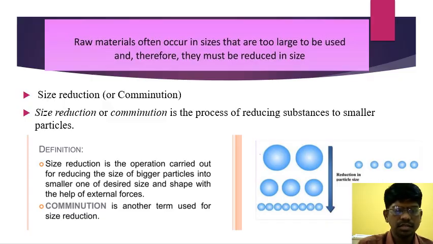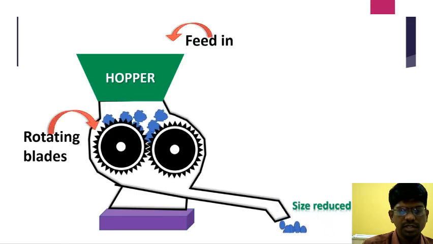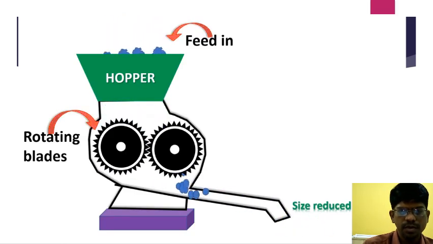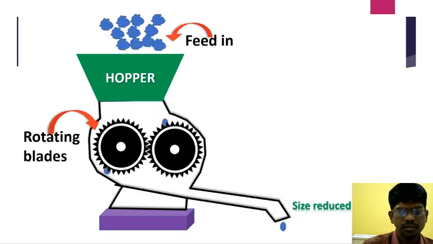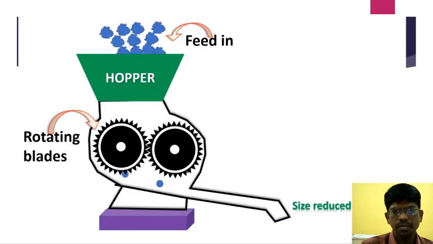Usually the raw materials occur in different sizes that are very large, which cannot be used directly. Therefore, they must be reduced in size, and size reduction is a process carried out to reduce the size of bigger particles into smaller ones of desired size and shape. Here we can see a basic mill with rotating blades rotating in opposite directions, and a hopper where we pour the feed.